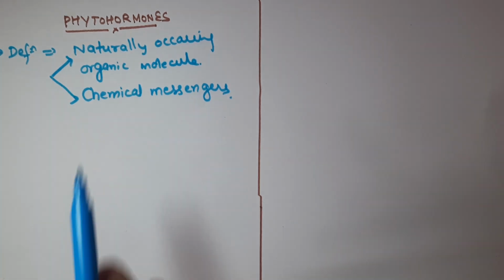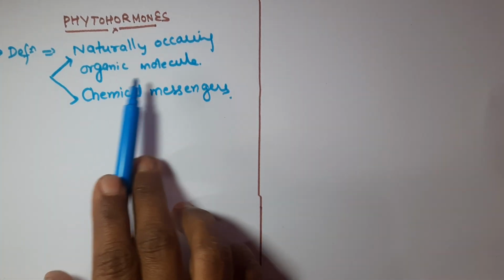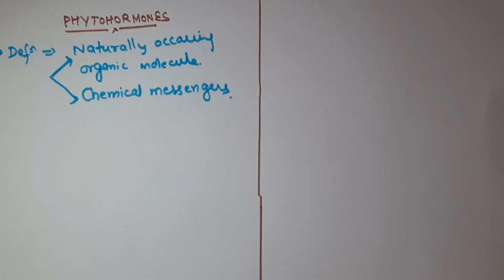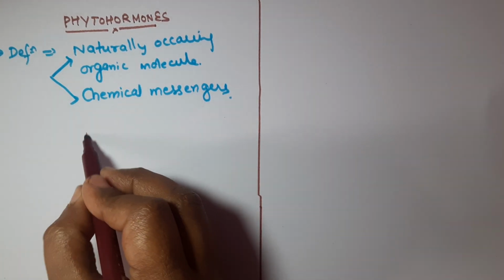So phytohormones can be defined as a naturally occurring organic molecule or chemical messenger that affects the plant physiology and the responses.